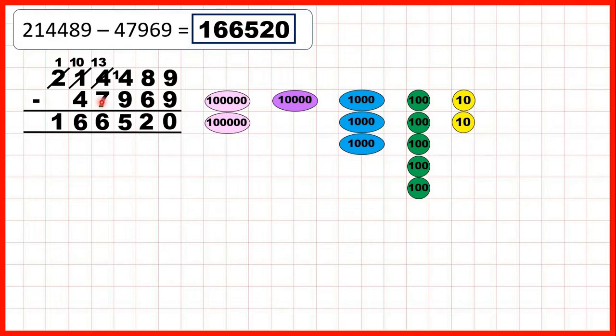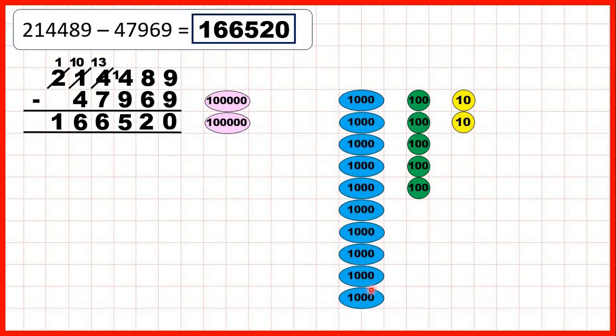Then we needed to take away 7 thousands. So again, because we only have 3, we're going to need to exchange our 10,000 counter for 10 more thousands. So we can take away 1, 2, 3, exchange, then take away 4, 5, 6, 7 to leave us with 6 as the thousands digit of our answer.